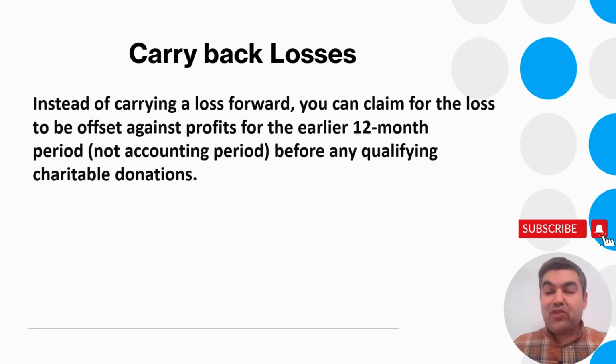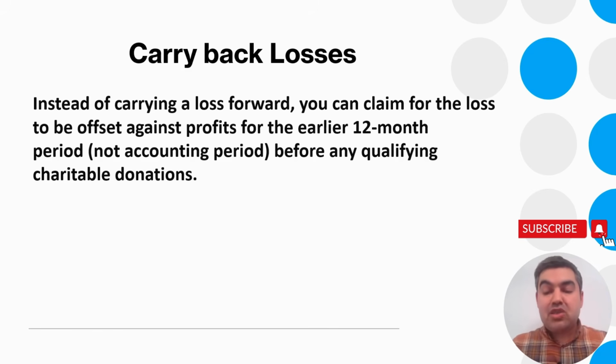Now, another option for losses, instead of carrying it forward, you can make a claim to offset it against the profit of the earlier 12-month period, not the accounting period, before any qualifying charitable donation. What do you mean by 12 months, not the accounting period? Sometimes an accounting period can be shorter than 12 months.